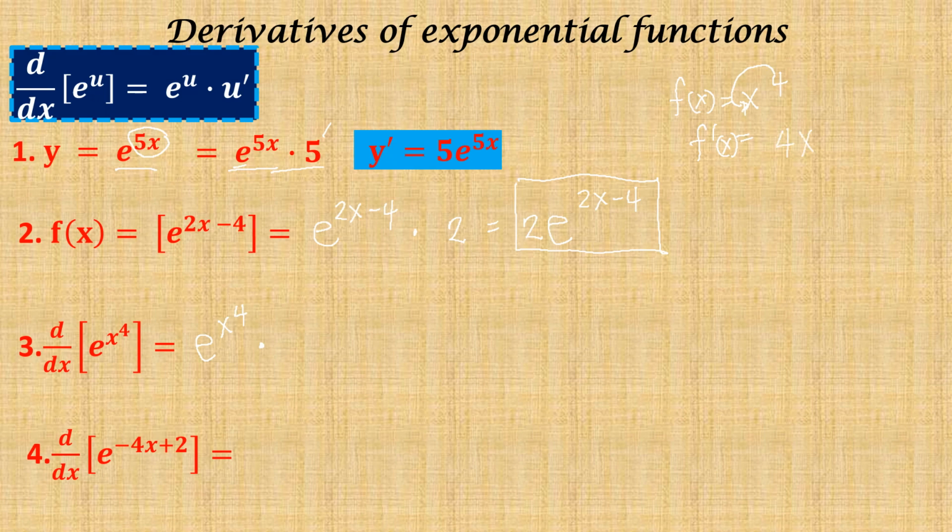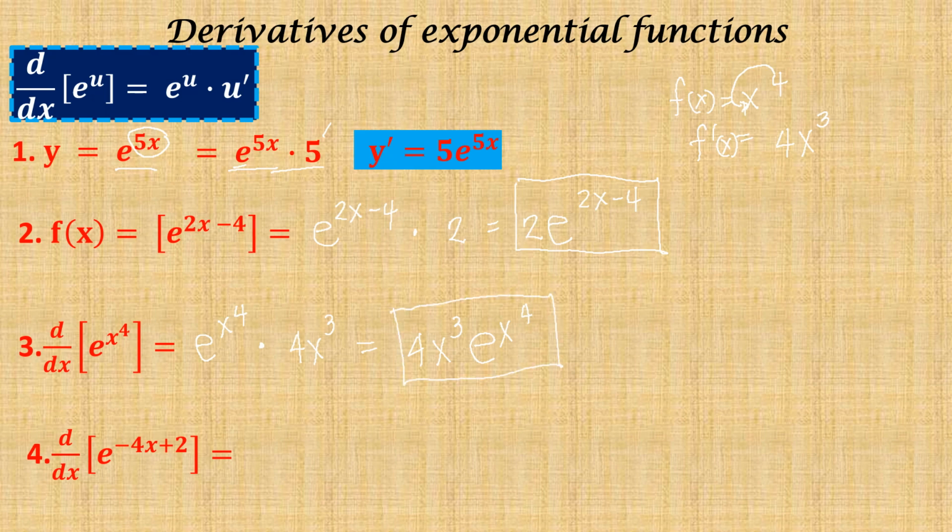And then the exponent, according to the power rule, we still have to apply the power rule, so 4 minus 1 will be 3. Therefore, e to the x to the 4 will be multiplied to 4x to the power of 3. So its final answer is 4x cubed e to the power of x to the 4.